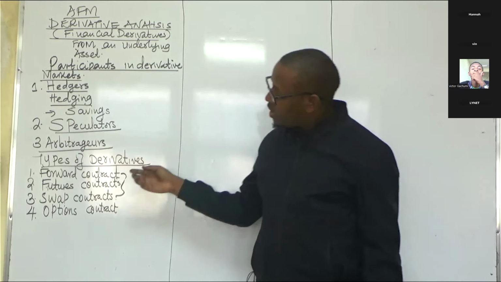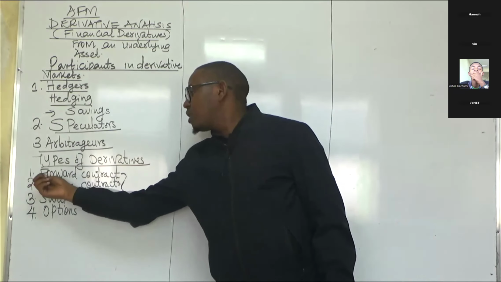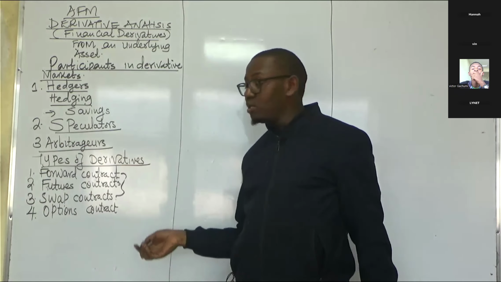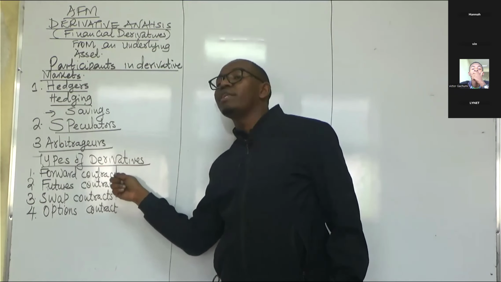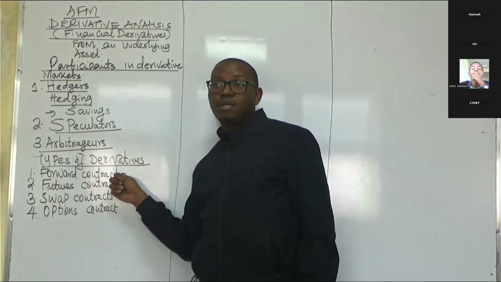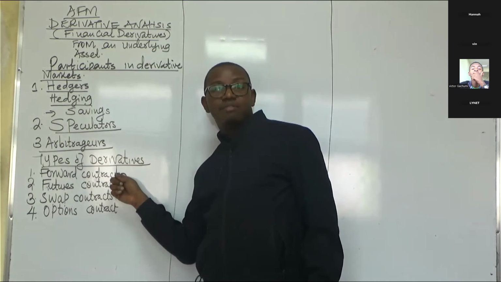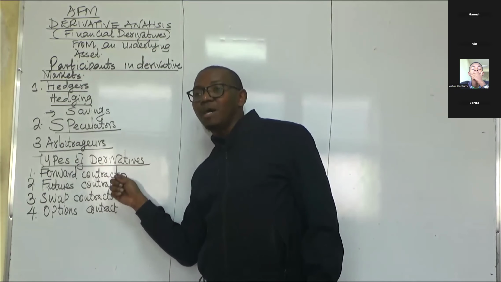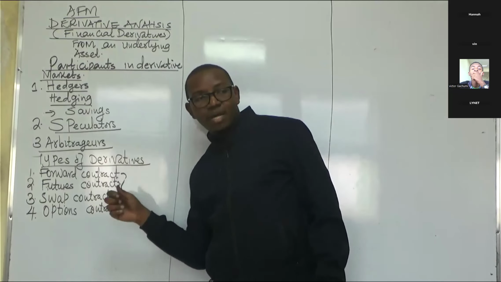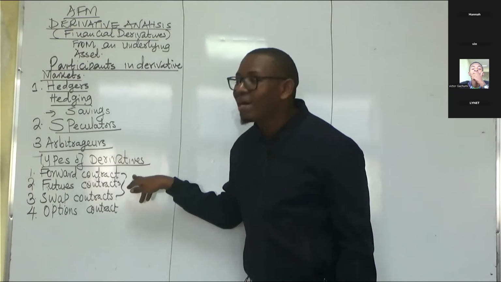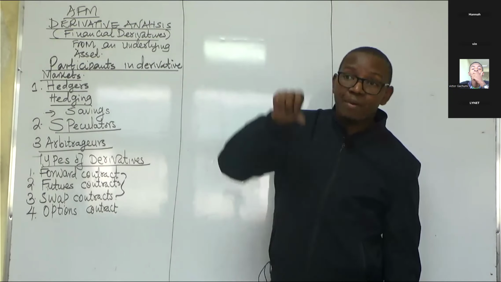Now, when we talk about the forward contracts here, we talk of them as negotiated contracts. By negotiated, we mean they are customized, in that you can negotiate the price.